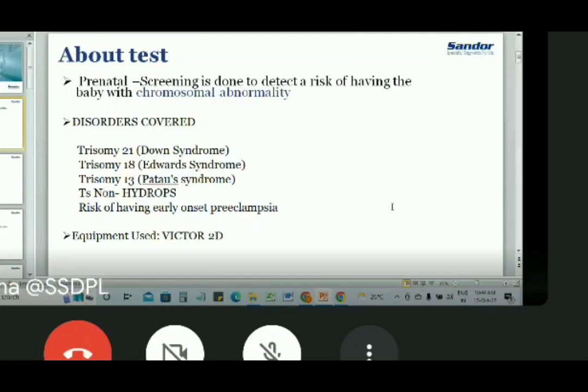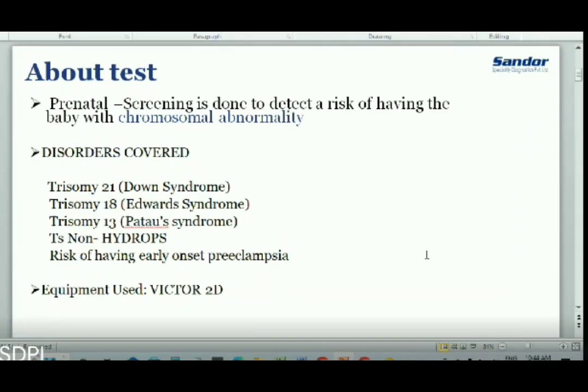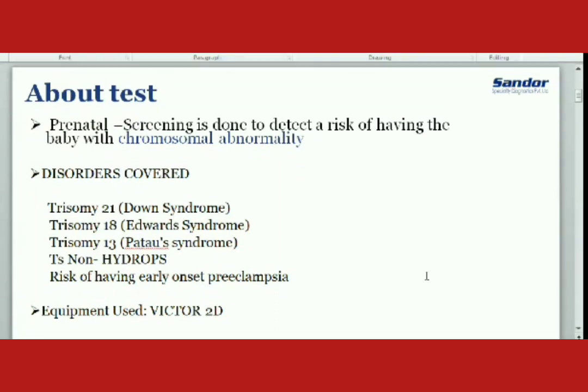Then there is either a structural difference or a numerical difference in the chromosome. We find these disorders are structural as well as numerical differences which cause these chromosomal abnormalities.